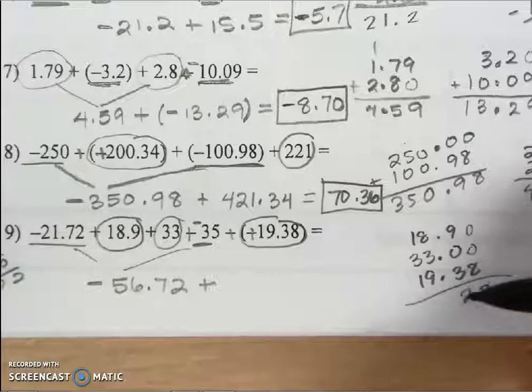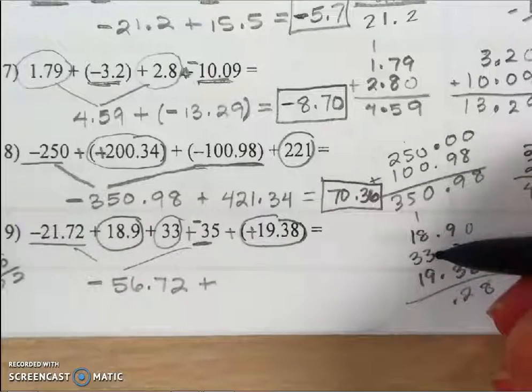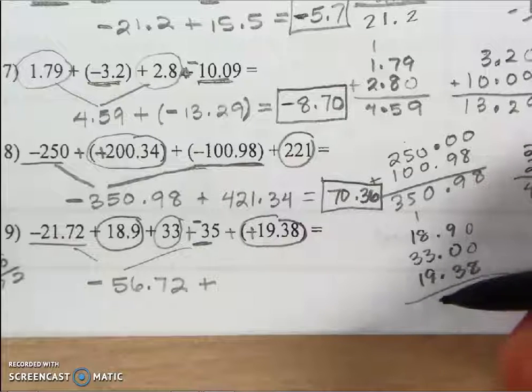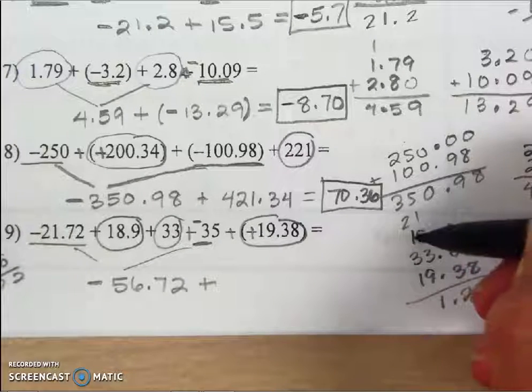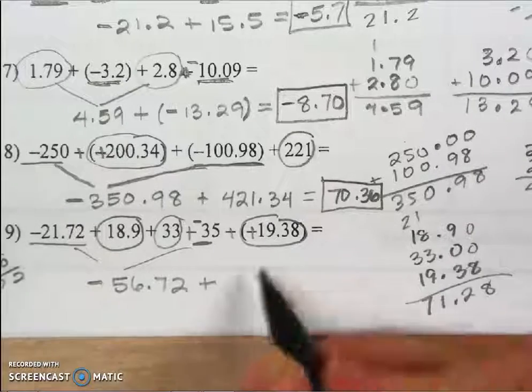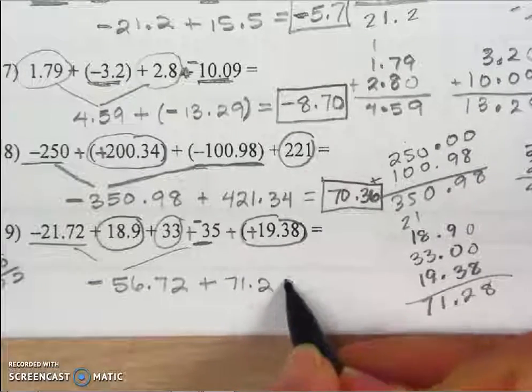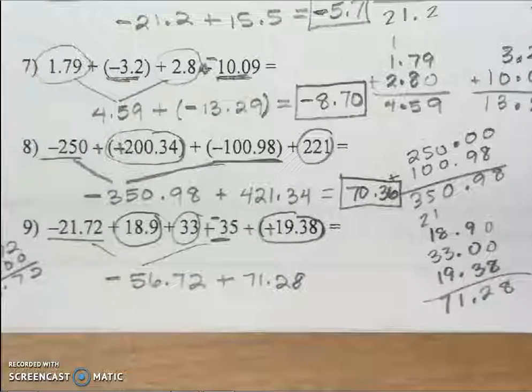We get 8 and 12 and decimal. And 9 and 3 is going to be 12. And 9 more is 12 and 9 more. 12 and 9 more is 21. Write the 1, carry the 2. 2 and 1 is 3. 3 more is 6. 1 more is 7. So that means we are adding 71.28 to our negative. Oop, and we are out of time, and so that will be it for today.